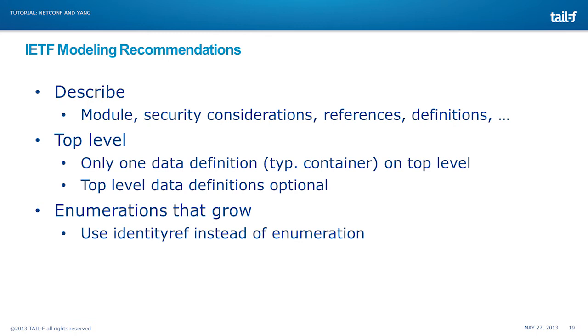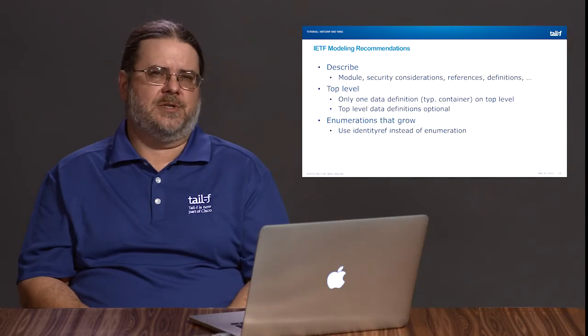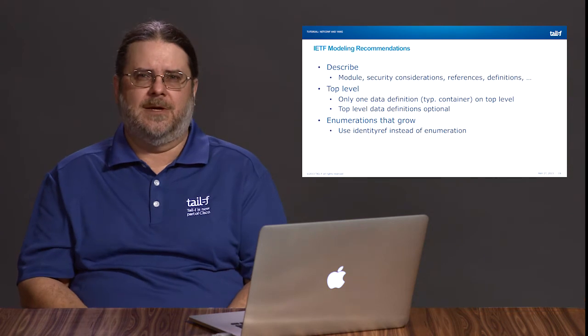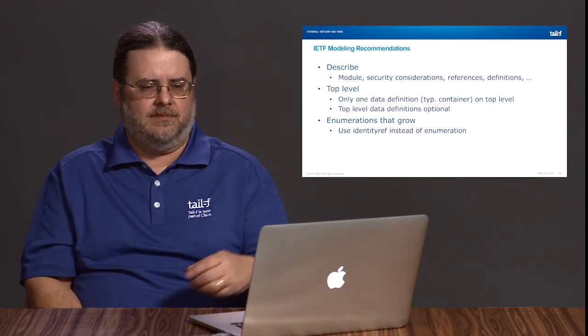You can do it, but especially when someone's looking through the module, if you have one top-level container, you always know right what tree you're in there. IETF, especially if you're doing any Yang models that you are submitting for standardization, recommends the use of identityref instead of enumeration, since enumerations are fixed and identities can grow and be expanded if someone's going to derive from your model.